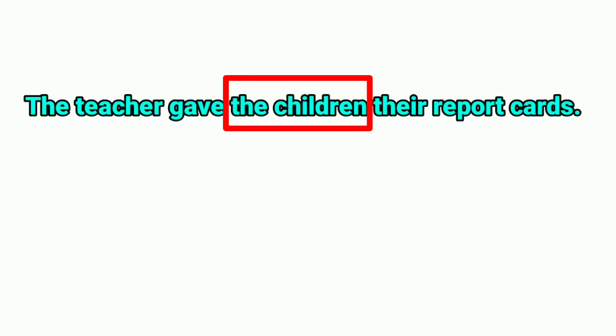The children is the indirect object of the sentence. So we can convert it into passive voice in two different ways, either by taking the indirect object as the subject of the sentence or the direct object as the subject of the sentence.